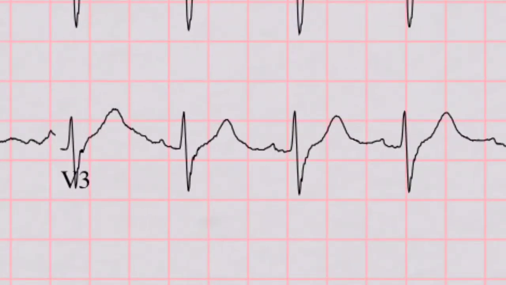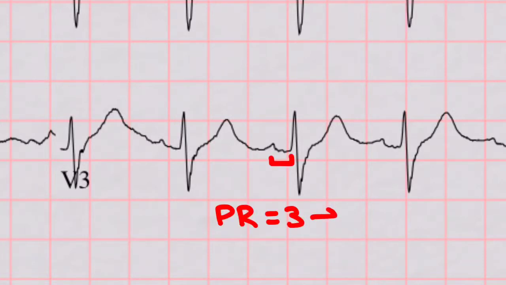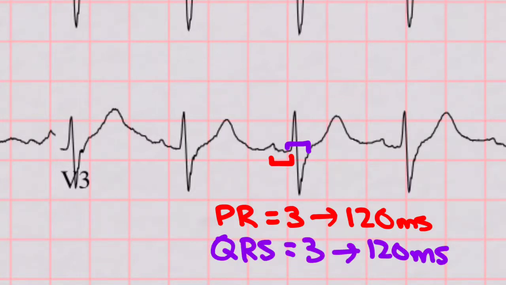Now let's go down here to V3 and see if we can take a look at the various intervals. The PR looks like it's about 3 boxes, so that would be 120 milliseconds. The QRS, on the other hand, looks like it's also about 3 boxes. So we'll call that one 120 milliseconds. And finally, let's do our QTc corrected.